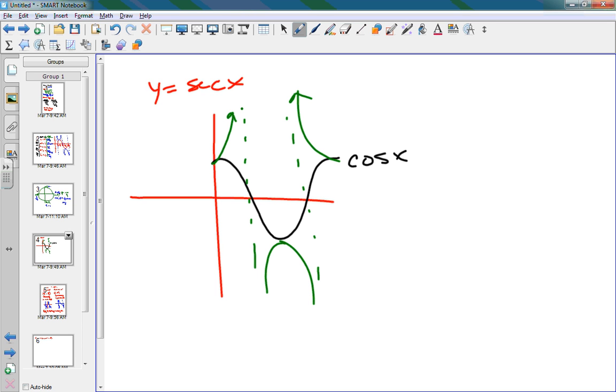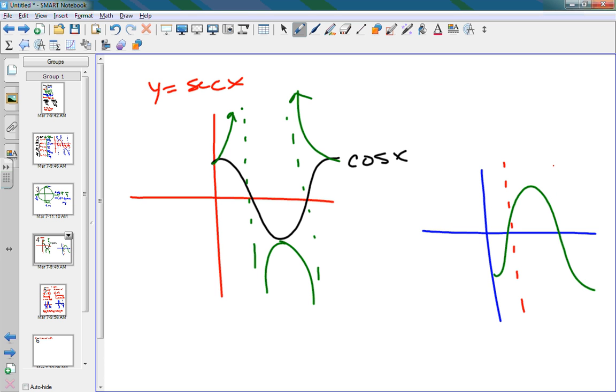So the green is going to be your cosine. If it's flipped, then what you're going to have here, do we see that? Yes or no? That makes sense? Very good question.